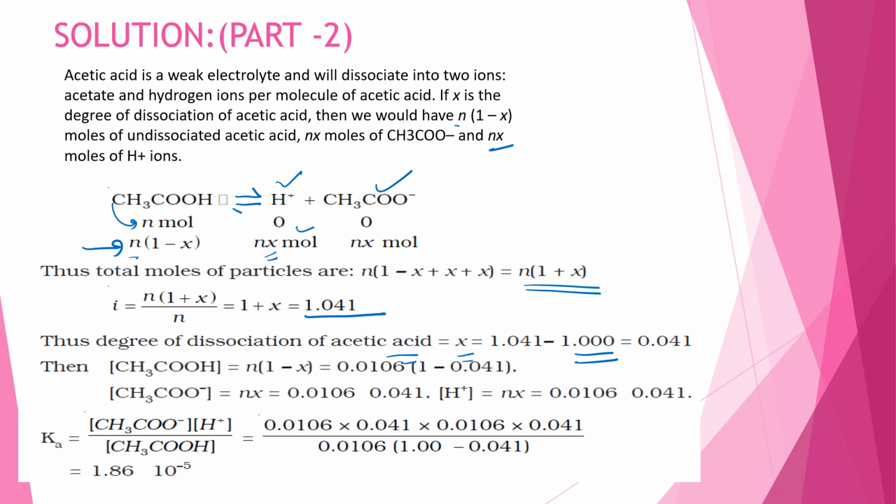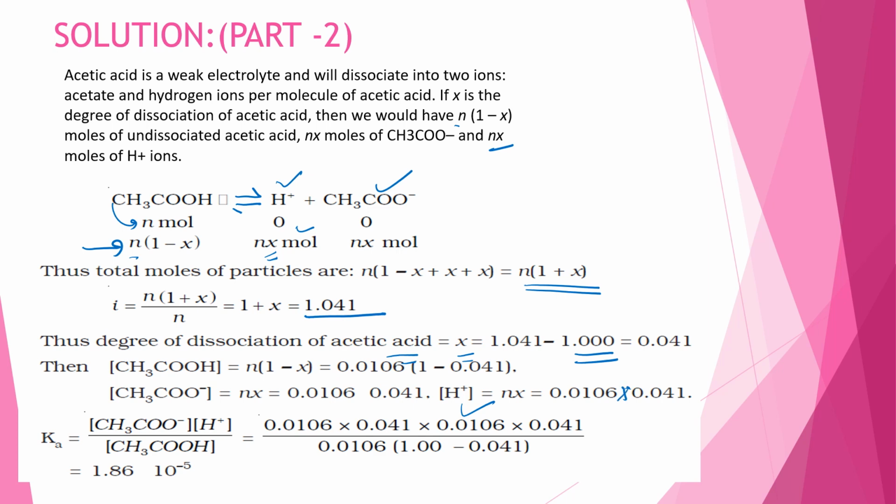So the concentration of CH3COOH is equal to n into 1 minus x. So when we multiply 0.0106 into 1 minus 0.041, we get the concentration of acetic acid, and for H plus ions we get nx, so 0.0106 into 0.041.